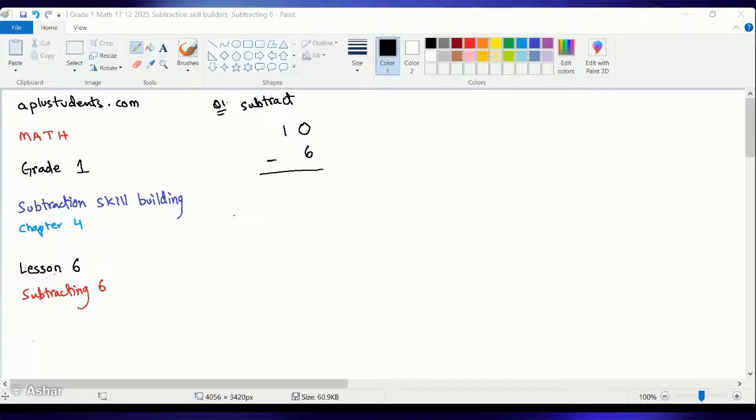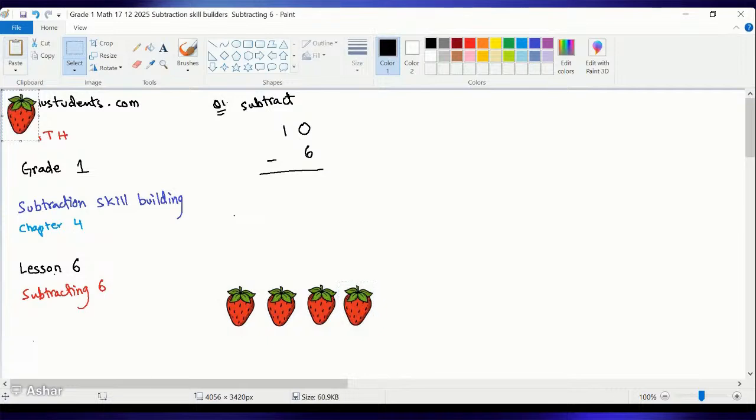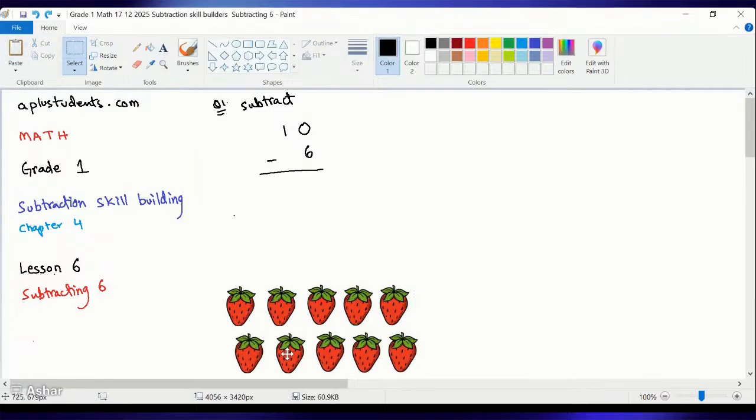Okay, so if we have 10 strawberries, right? 1, 2, 3, 4, 5, and we have 10 total, right? So we select them and copy them again. And we have 10 strawberries, right?